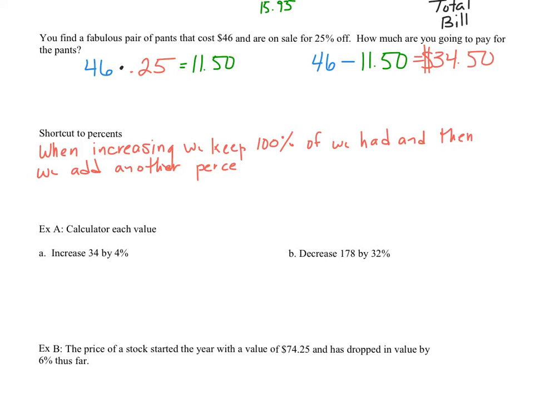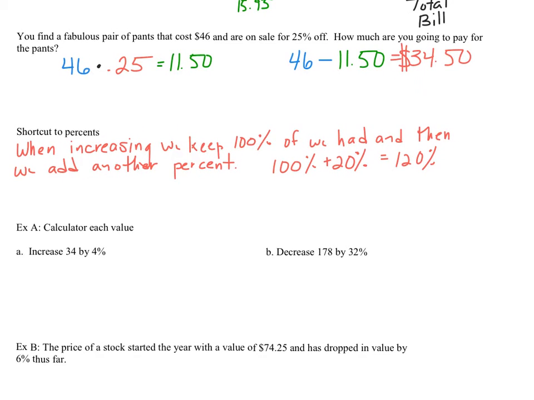So what that looks like is we have 100%, and then for our example, we added 20% of our total. So really, at the end, I have 120% of what I originally had. And 120% is the same thing as 1.2. So that's its decimal equivalent, right?